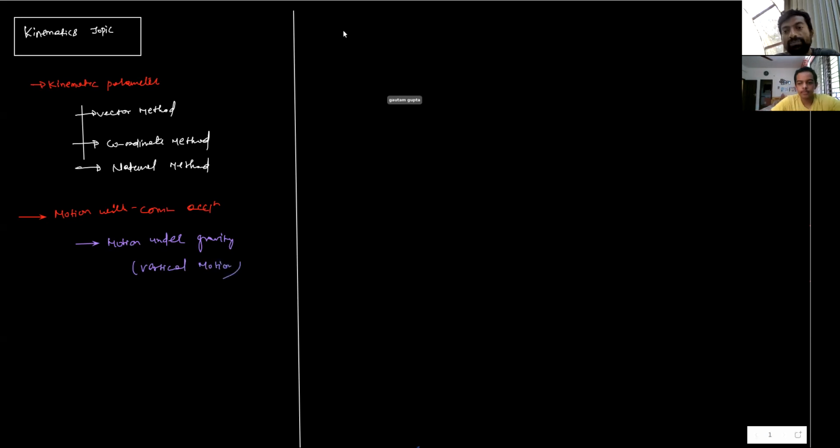The next topic we did is projectile motion, which is motion with constant acceleration in 2 dimensions. The third, one more special case of projectile motion, is projectile along an incline. So up to this we have done.